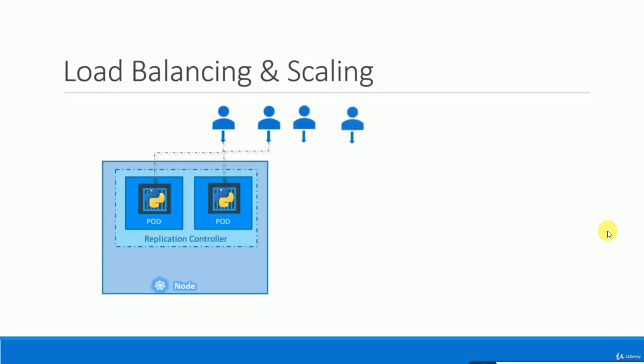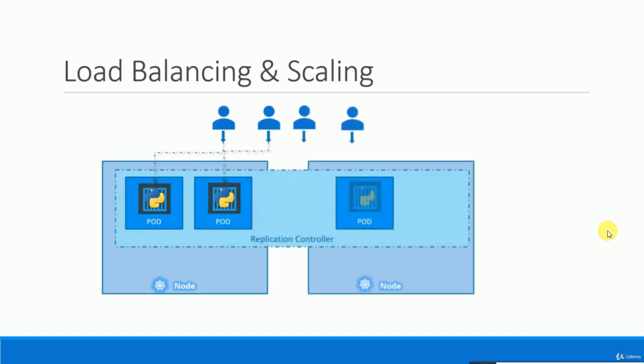If the demand further increases, and if we were to run out of resources on the first node, we could deploy additional pods across the other nodes in the cluster. As you can see, the replication controller spans across multiple nodes in the cluster. It helps us balance the load across multiple pods on different nodes as well as scale our application when the demand increases.